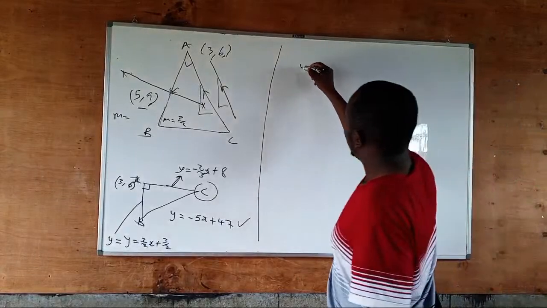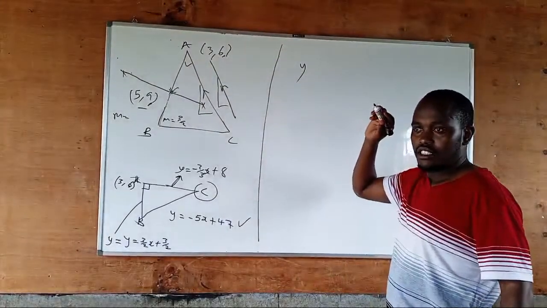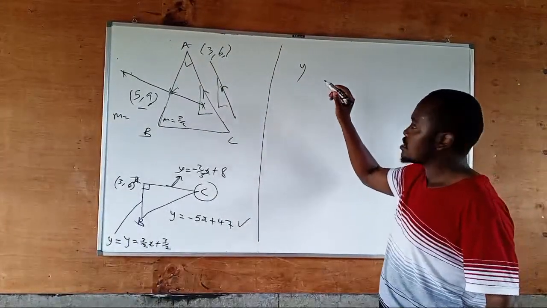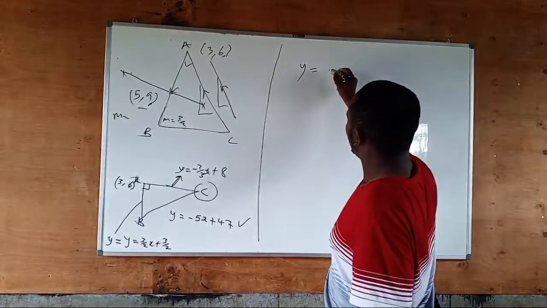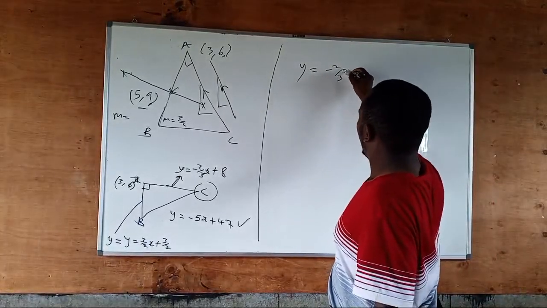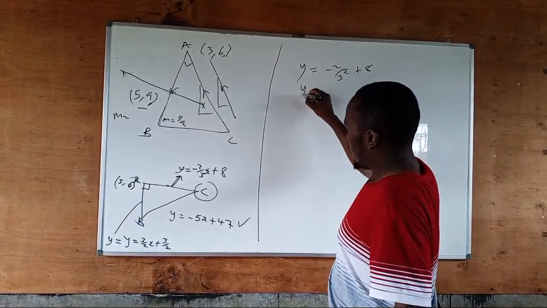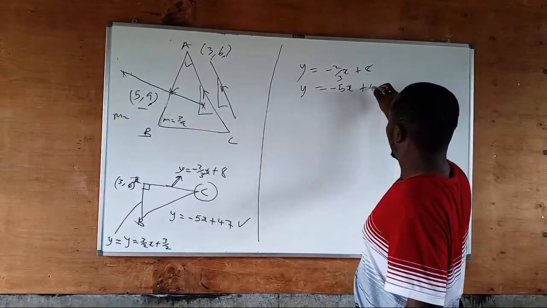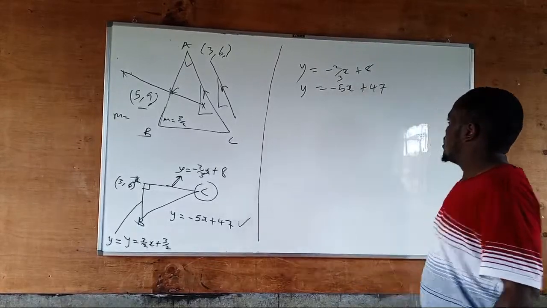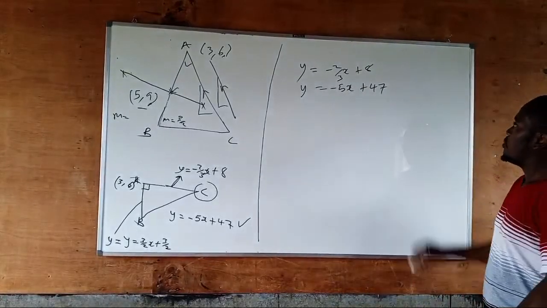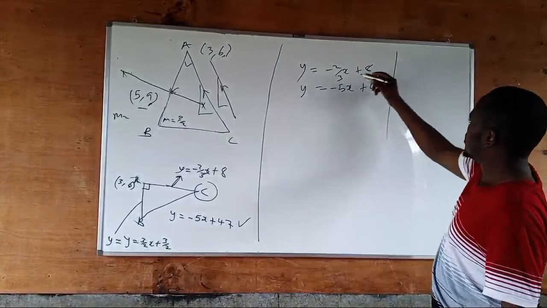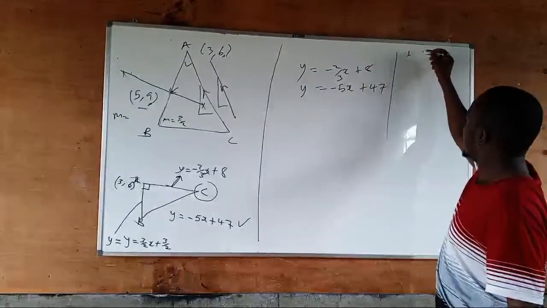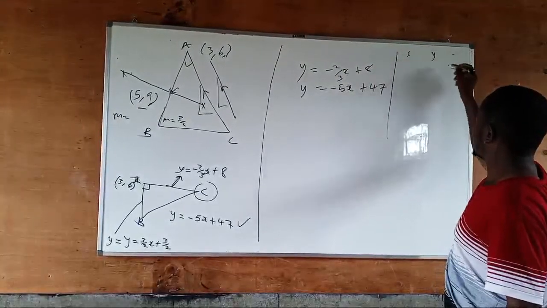So simultaneous equation. Y is equals to negative 2 over 3x plus 8, and y equals to negative 5x plus 47. Normally tunafanyanga unarewrite x, y, alafu number huko.